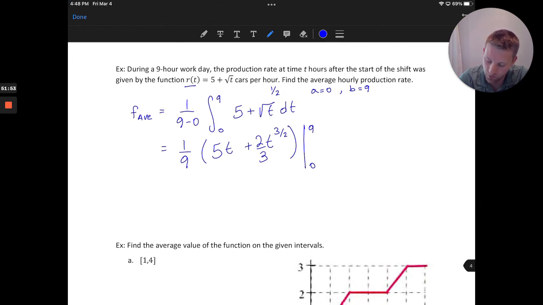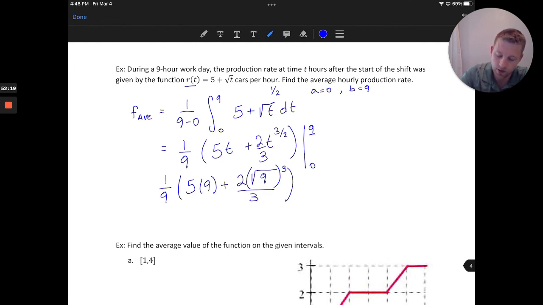So we'll have, looks like 1/9 on the outside, 5 times 9, and then plus 2 times the square root of 9 itself, quantity cubed, when we put that into the 3/2 power, divided by 3.